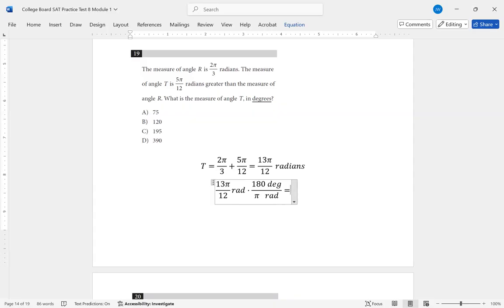But at this point, all I have to do is multiply 13 pi over 12 times 180 over pi. The pi's are going to cancel out. You'll have 13 over 12 times 180, which happens to be 195 degrees. So the answer to question 19 is C, 195 degrees.